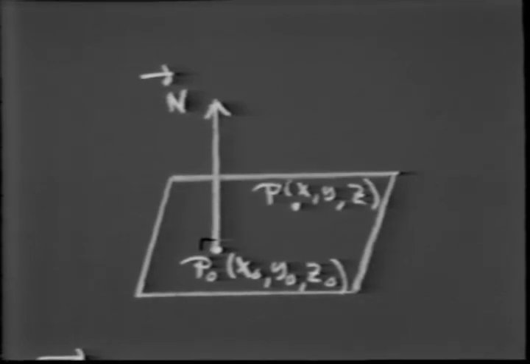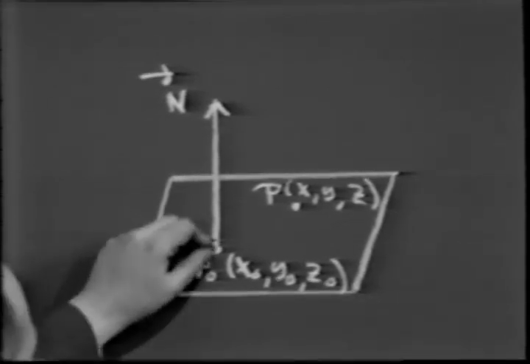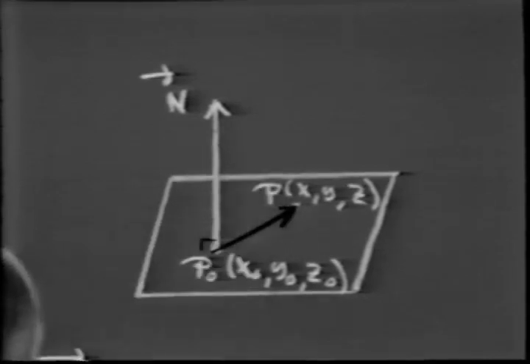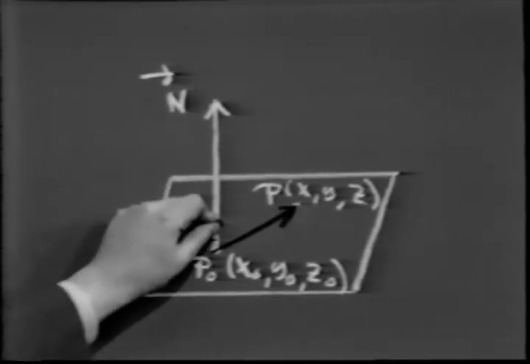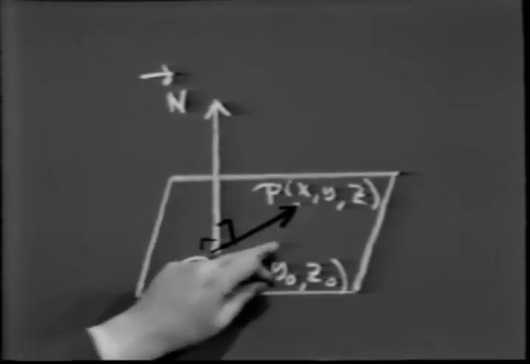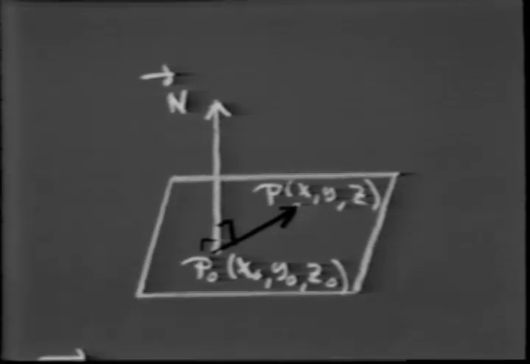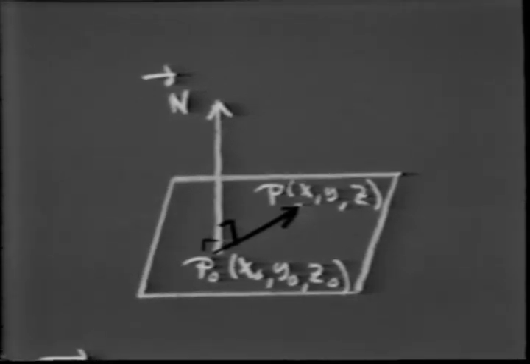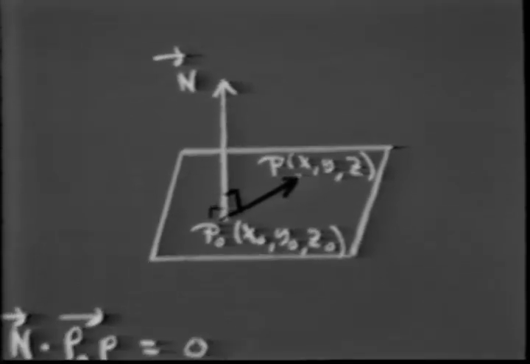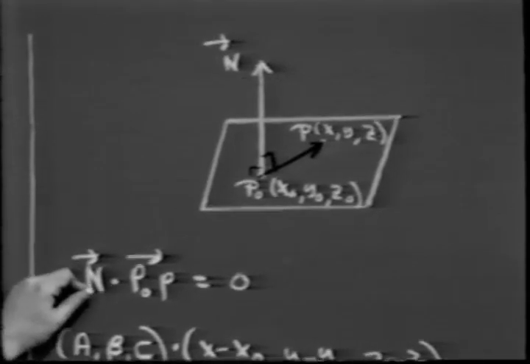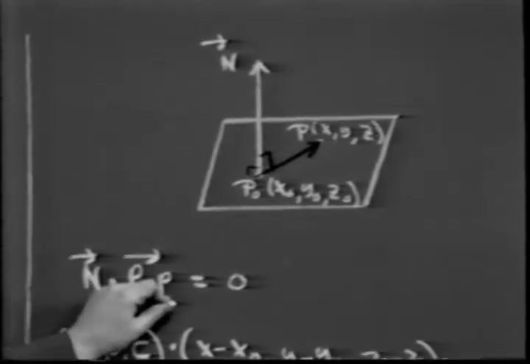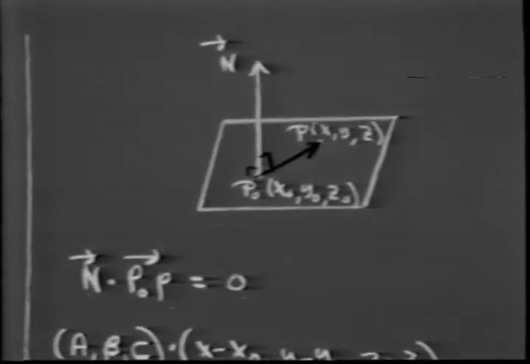Well, in vector language, for the point P to be in the plane, I think it's rather obvious that P0P had better be perpendicular to N. On the other hand, in dot product language, what does it mean to say that N is perpendicular to P0P? That says that the dot product of N and P0P must be 0.